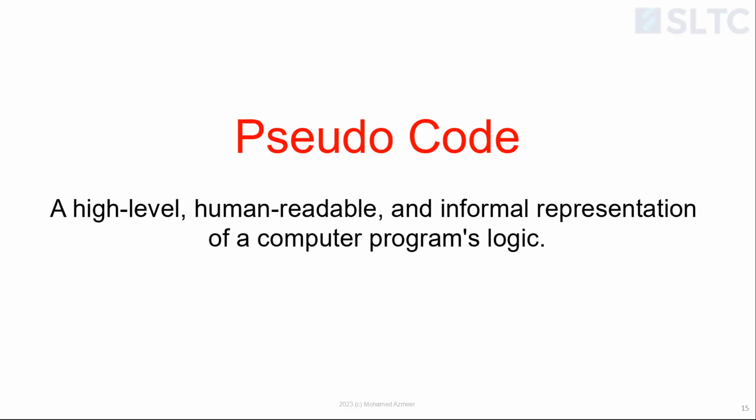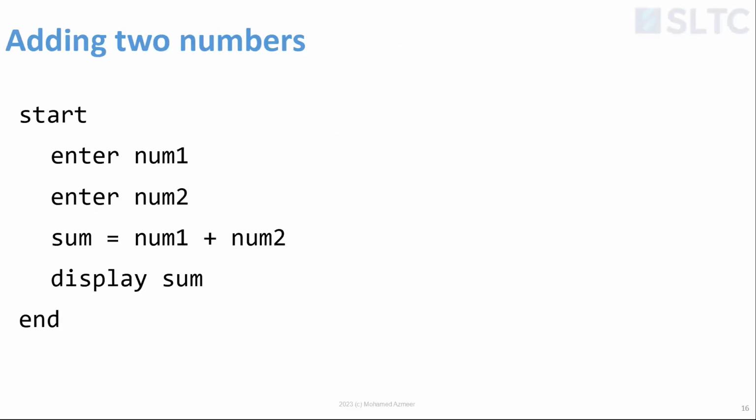If you look at the same program that we drew previously as a flowchart, here's the same thing using pseudocode. We have a start and the end. If you notice, between the start and the end, everything is indented to the right-hand side.